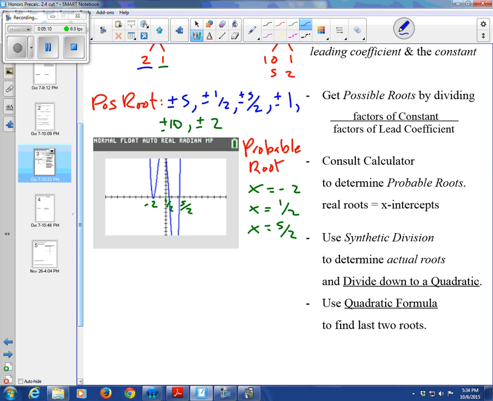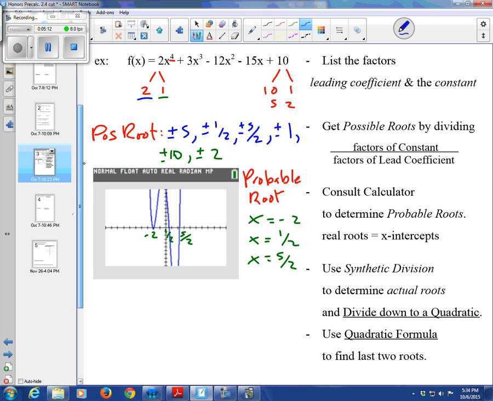So right here, we will start with -2, and we're going to take the coefficients of our polynomial, which are 2, 3, -12, -15, and 10. I'm not missing any terms, so I don't have to put in any zeros for placeholders there.